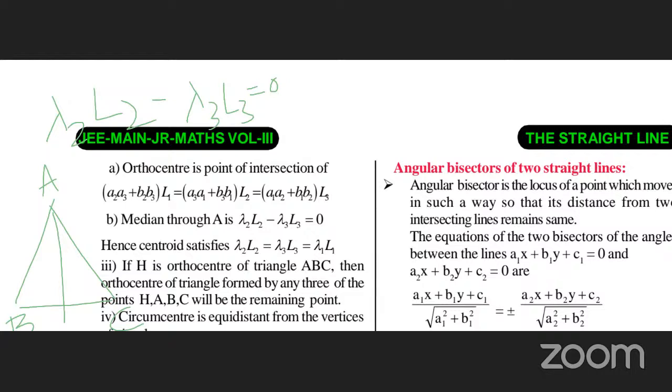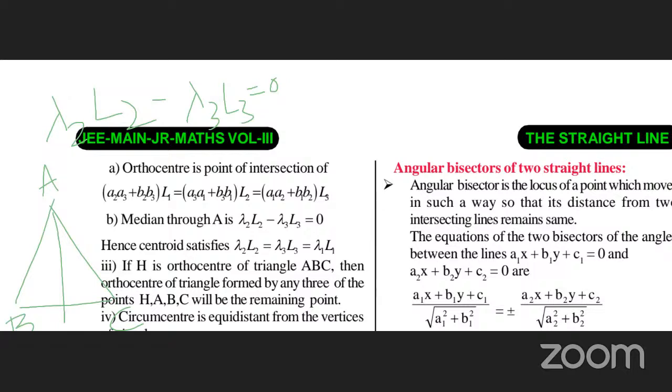All this lambda, you remember we discussed last time. Lambda is a small two-order determinant. We discussed the area of the triangle, remember? Same values: lambda1, lambda2, lambda3.